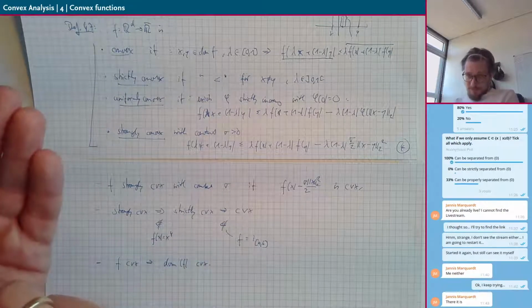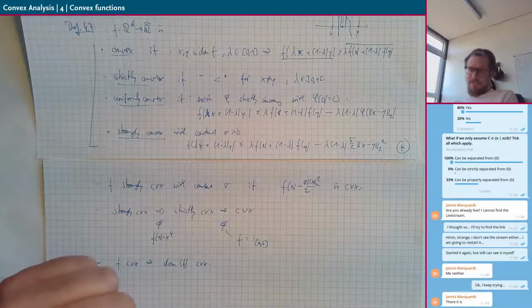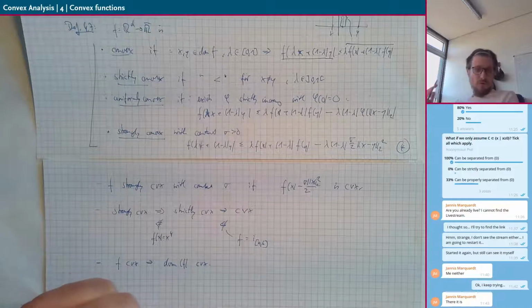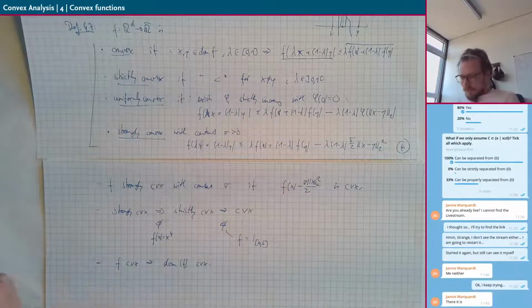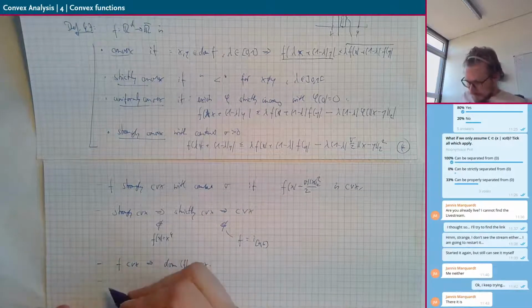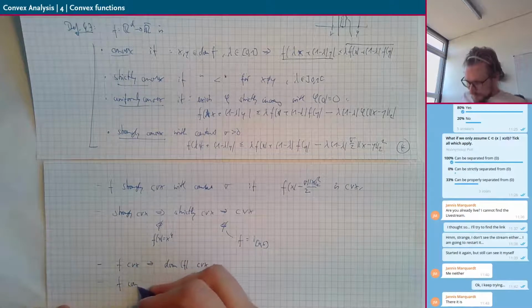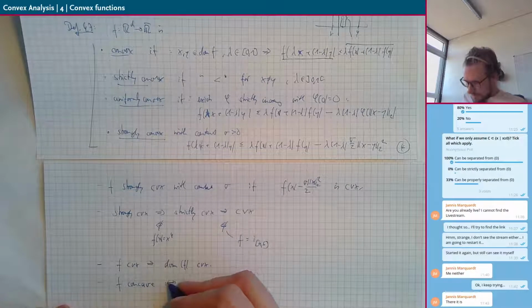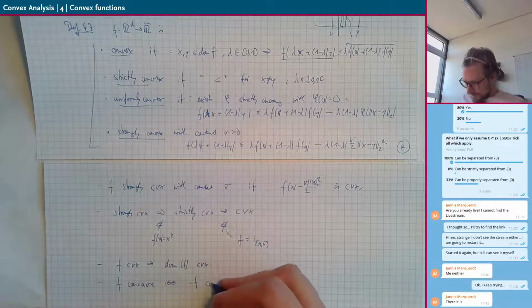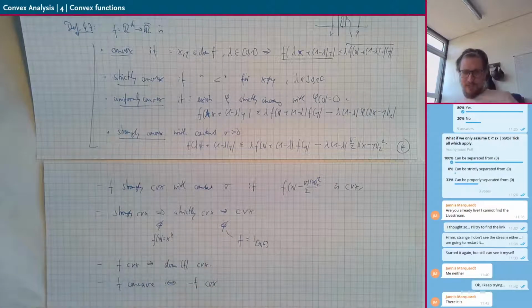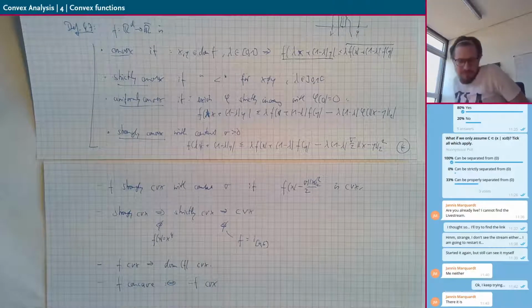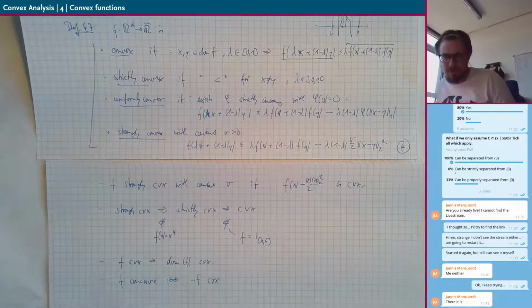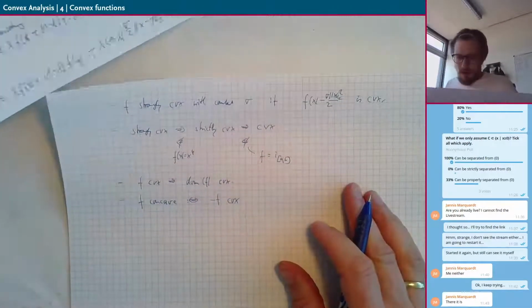Lower semi-continuity of f corresponds to a closed epigraph, and convexity of f corresponds to a convex epigraph. By definition we call f concave if minus f is convex. But concavity will not play a role in the full lecture as far as I see.